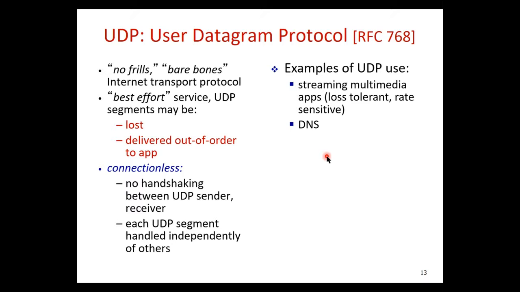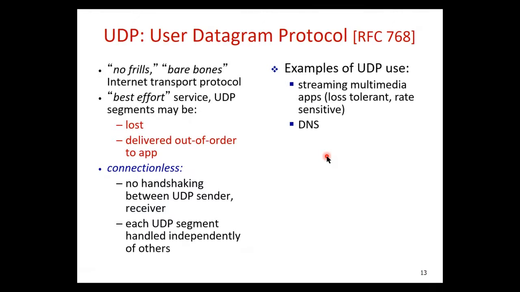google.com. When you want to get to a website, you and I type a logical name. We do not type the IP address of the website. However, in order to reach the website, we need to tell the network what is the IP address, because the network does not understand the logical name actually. So when we type google.com, our machine will send a query to a DNS server to ask, give me the IP address of google.com.